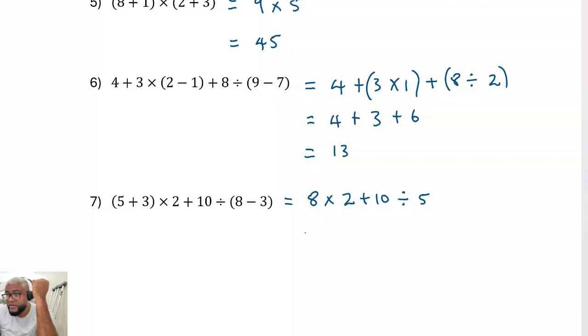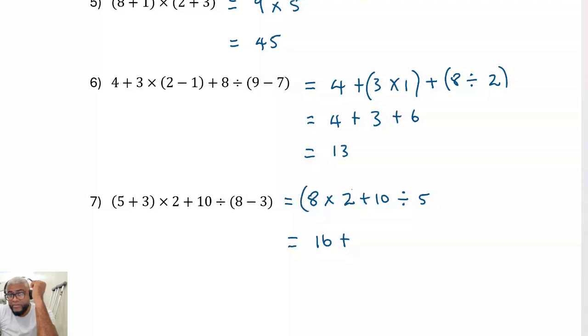Ramo, next step. What are we doing here? Ramo, what's the next step? You're going to multiply 8 times 2. 8 times 2 is? 16. 16 plus what? Only 10, sir. But could we work that out? Yes.